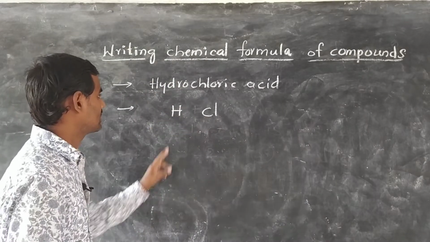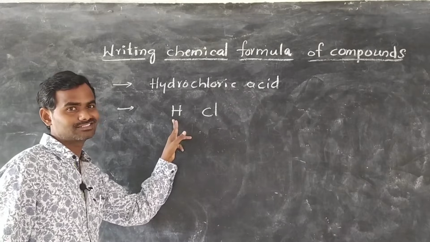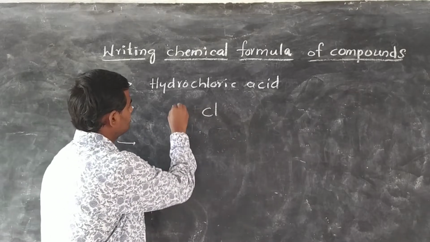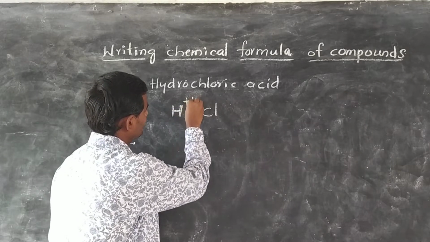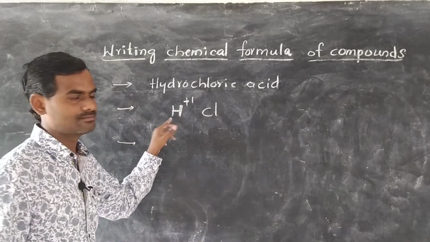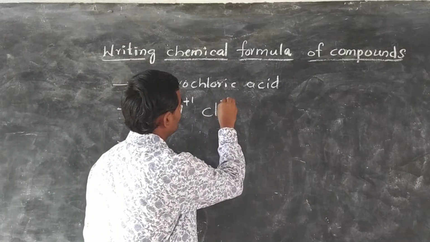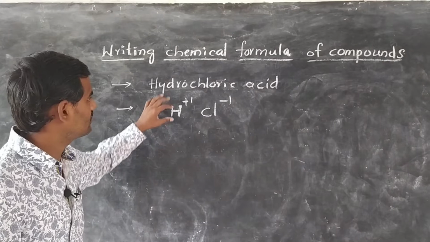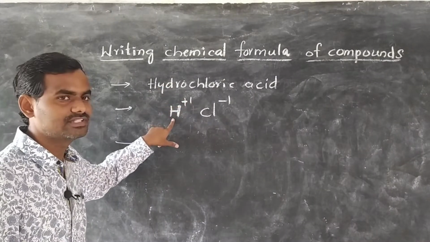Now we have to write the valencies of these two atoms. The valency of hydrogen is plus 1, and the valency of chlorine is minus 1. We write the valencies on the top right side of the atom.